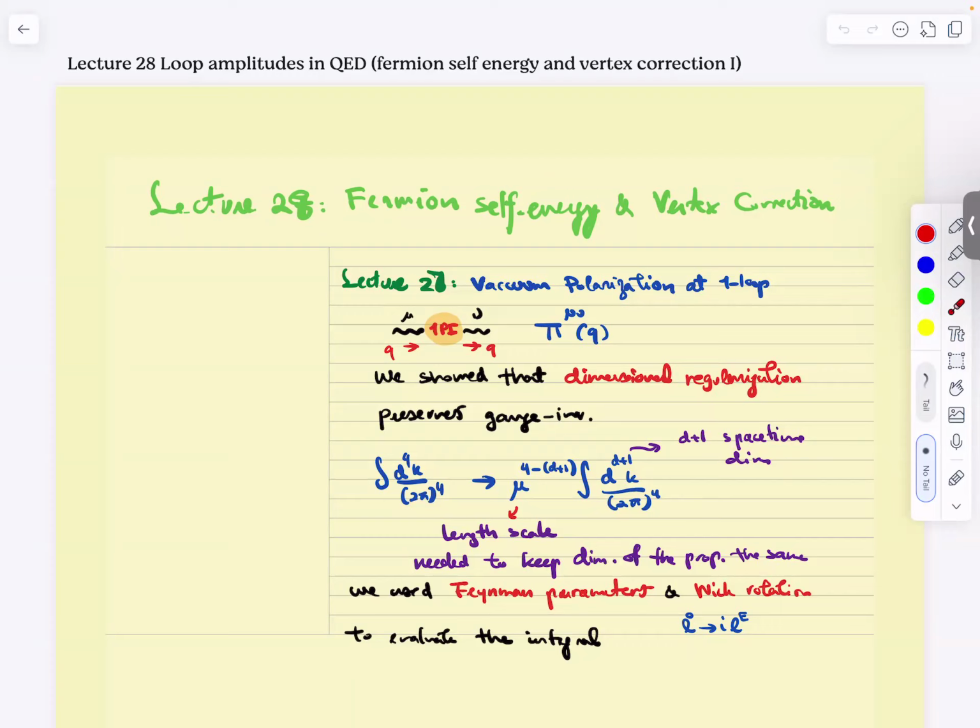So in this case, the Ward identity will tell you that Pi mu nu is going to be proportional to this object that projects out the component along this propagation direction, and then we call this Pi of q squared.